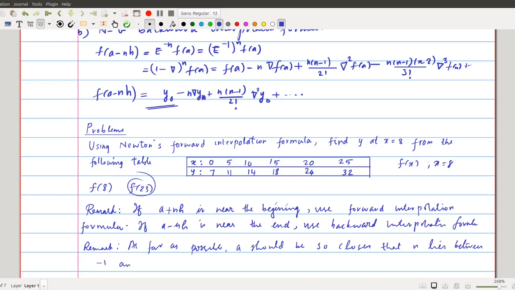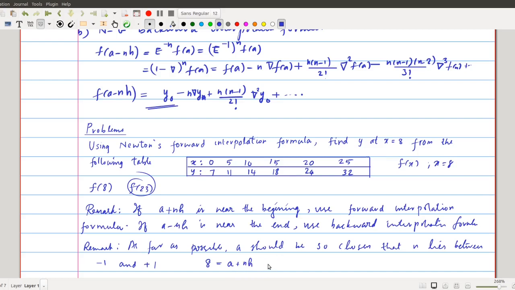Okay, so by comparing, first of all we need to compare this 8 to a plus nh. Now you can choose a in such a way that n should be between -1 and 1.